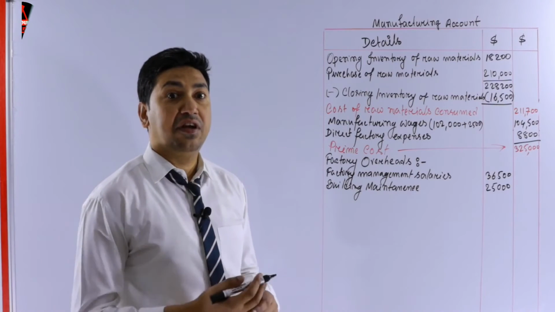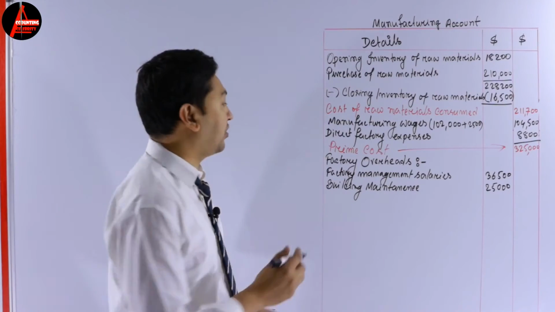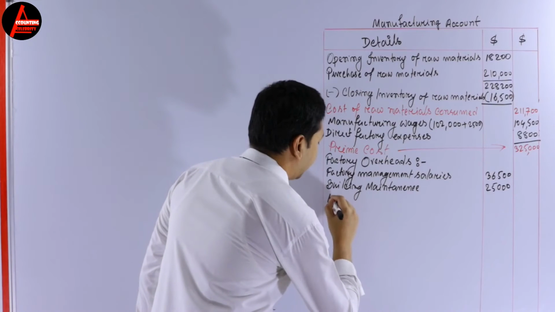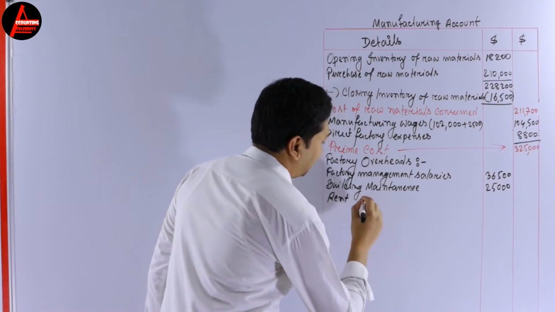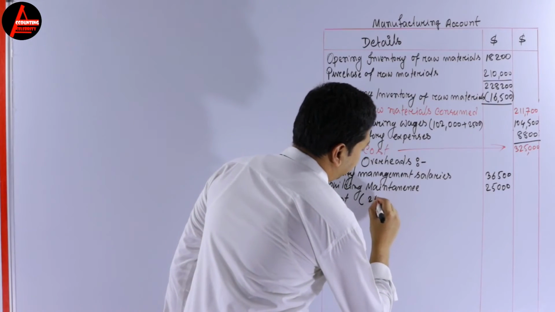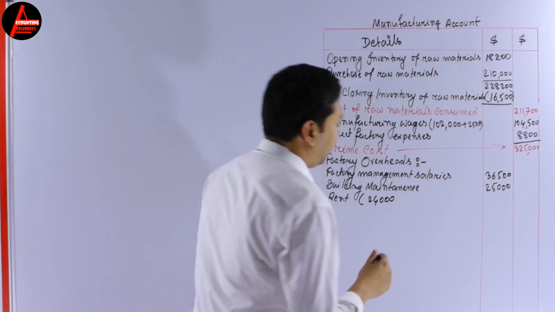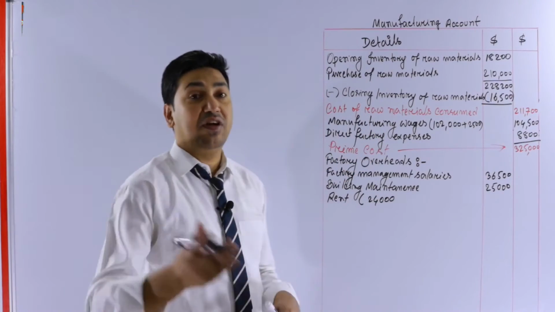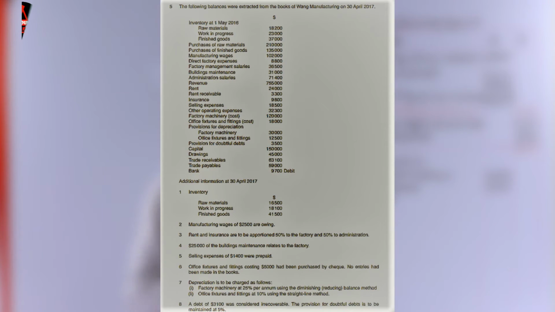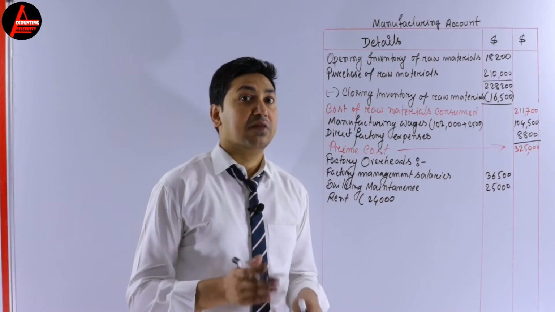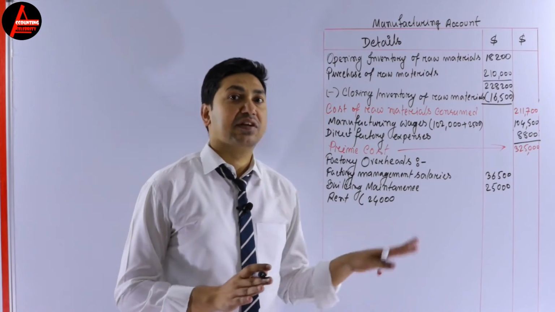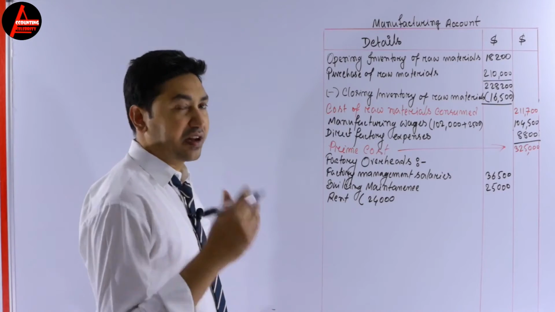Then what do you have? We have here rent, which is $24,000. I wrote rent here because we have an adjustment. Look at adjustment number 3: rent and insurance are to be apportioned 50% to the factory and 50% to administration. That means 50% of rent will come here and the remaining 50% will go to the income statement.